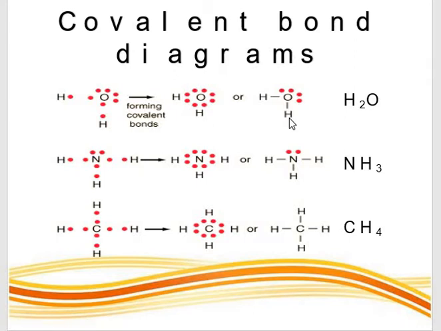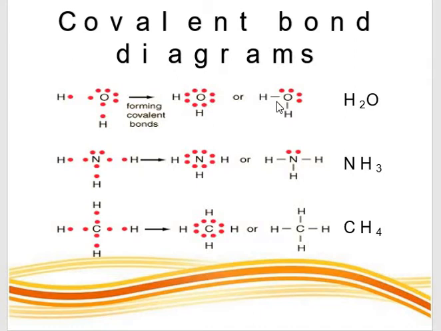So we can say that oxygen is forming two single covalent bonds with two hydrogen atoms. And we are representing that between one hydrogen and one oxygen atom there is a sharing of one electron pair by a single dash.